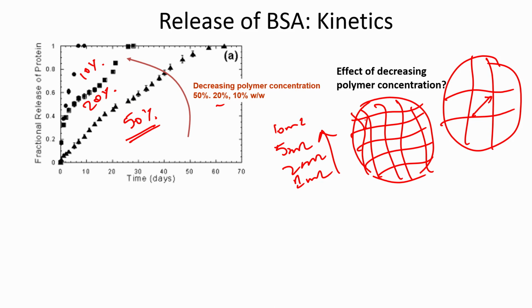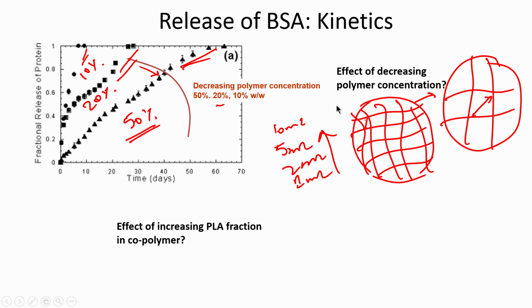That has been reflected in the release rate, because now that the pores have decreased, it is slowing down in this direction, whereas if you go in this direction where you are decreasing the polymer concentration, then more and more BSA is coming out very rapidly. As you can see, for this 50% gel in this particular case for BSA, it took almost 50-60 days for all of the amount to come out, whereas as you are decreasing it, this changes to 20 days, or 10 days for 10%.